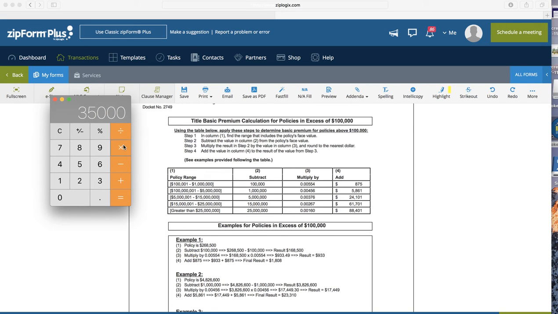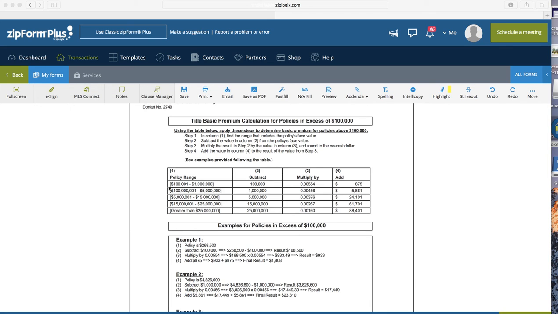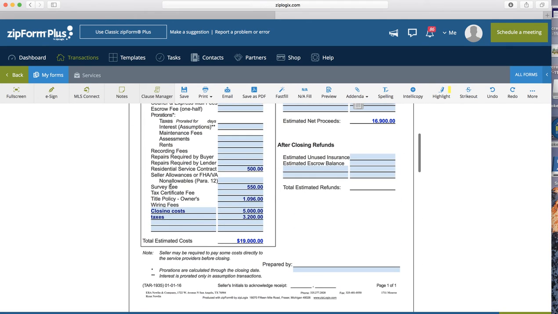Then I'm going to multiply that times 0.00554. And then I'm going to add 875. 1068.9. I would just call that 1069. So then I go back to my page 1 and put in the new number. There it is.